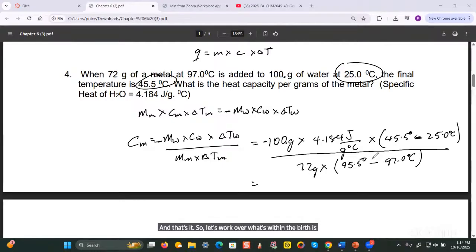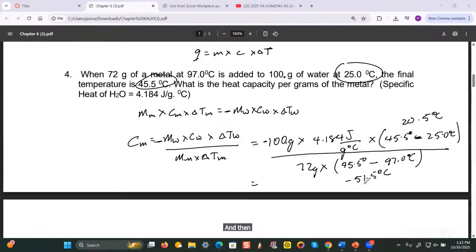So that's 45.5 minus 25.0, and this part gives 20.5 degrees Celsius. And then for the bottom part, 45.5 minus 97.0, and according to my calculation, this is minus 51.5 degrees Celsius, right?